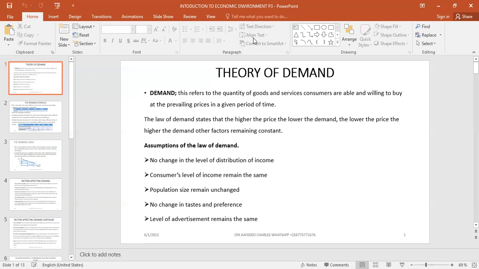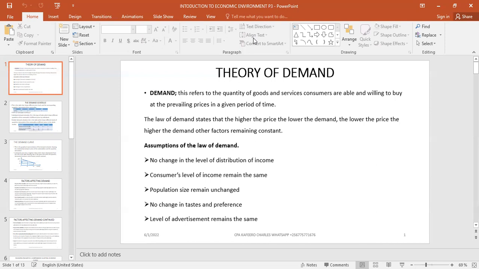So we keep the factors affecting demand constant other than the price. As the law suggests, the higher the price, the lower the demand, and the lower the price, the higher the demand of the commodity, keeping other factors constant.